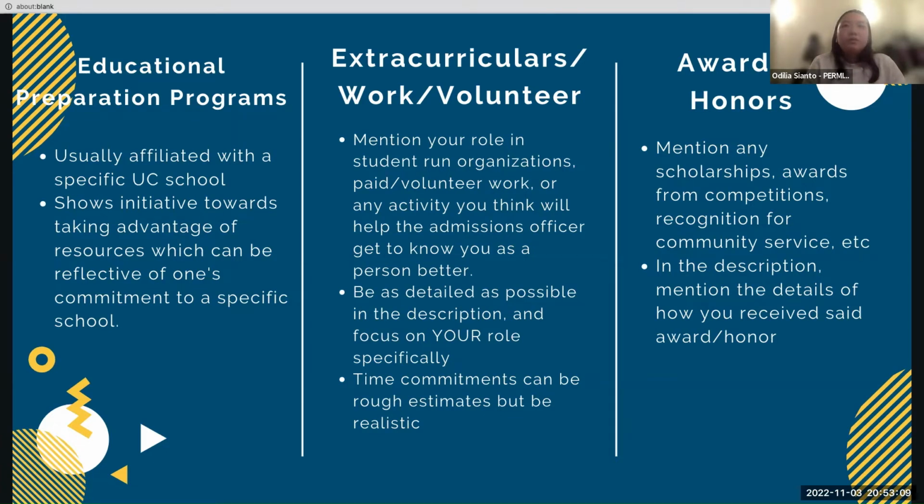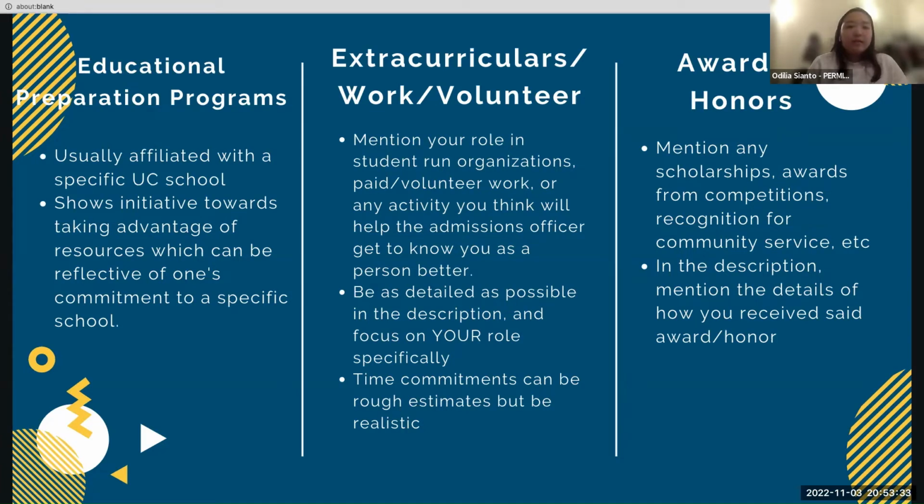And then the next one, your extracurriculars, your work, and your volunteering, is pretty self-explanatory. If you've ever been in a club, or did paid work, or did volunteer work during your time in community college or even high school, list that down. But as I mentioned before, when you describe it, you have to be as detailed as possible, and you really have to make it centered around you.